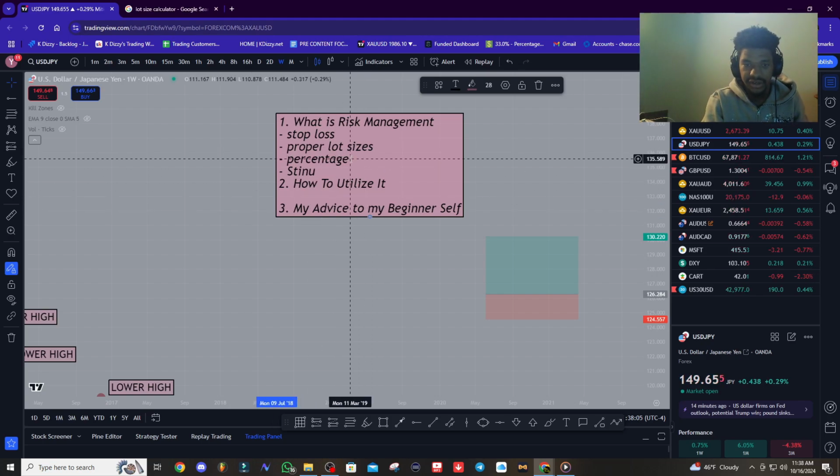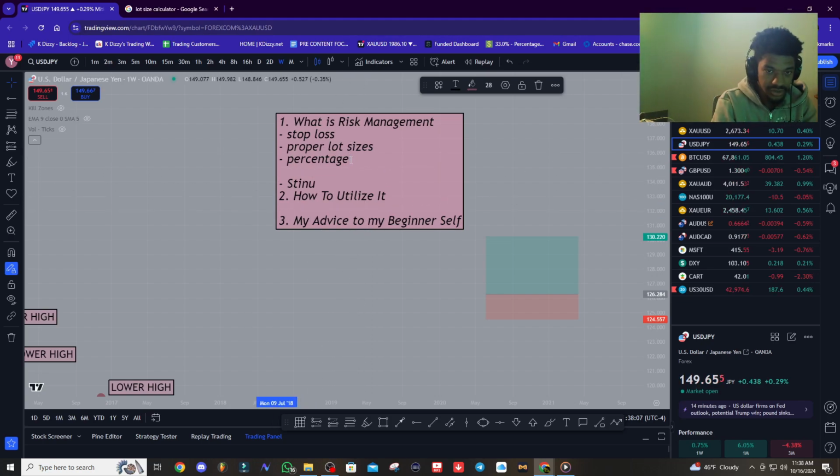So let's put it right here under percentage. 1 to 3%. Actually, 1 to 5%. So yeah, 1% to 5%. 5% is like, okay, you're more comfortable, you're more advanced in what you're doing. But 1 to 3% is what I started off with.